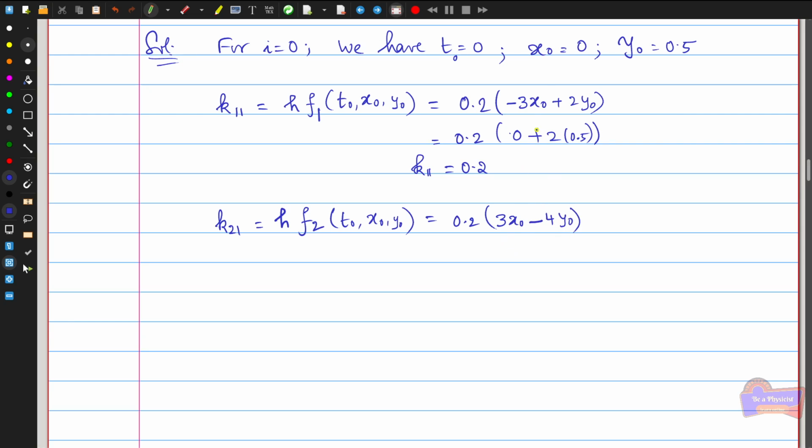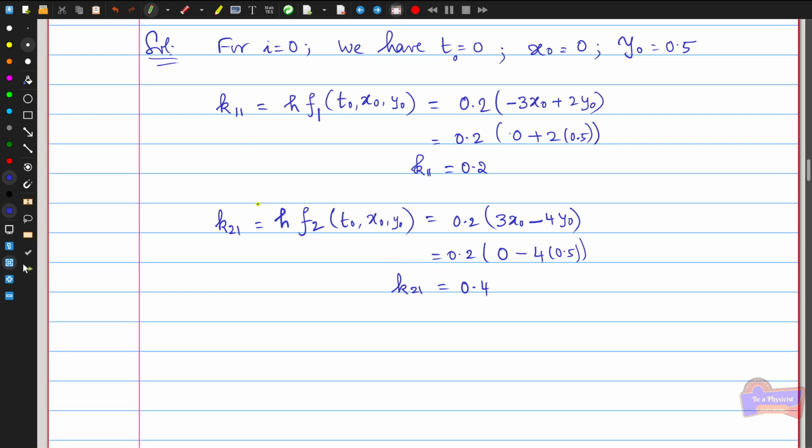I already know these values for x0, y0. I can directly substitute: 0.2 times 0 minus 4 times 0.5, which is equal to 0.4. Therefore, the slope k21 is given as 0.4.